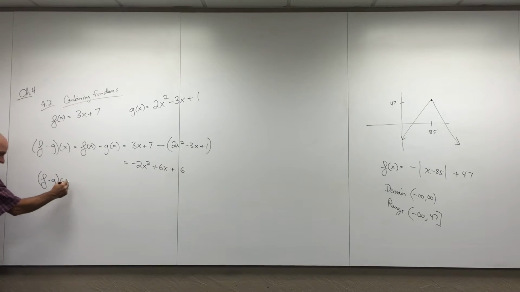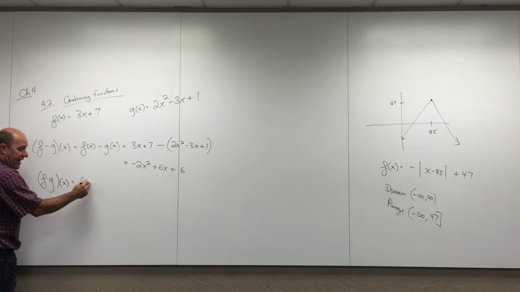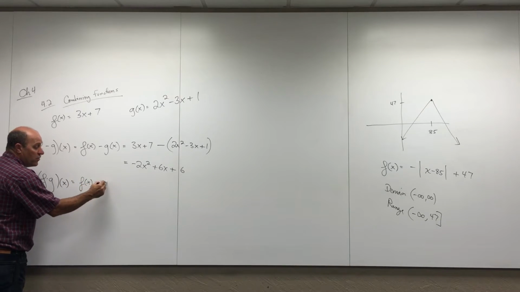I put a dot there, and I emphasize the dot because it's multiplication. I guess I could just have them next to each other. But anyway, f times g of x means f of x times g of x.